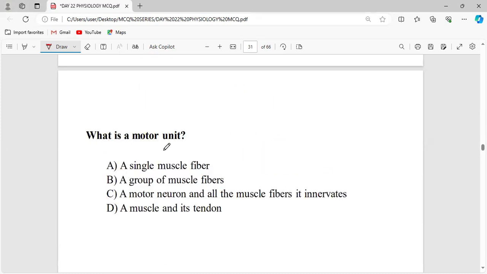What is a motor unit? A single muscle fiber, a group of muscle fibers, a motor neuron and all the muscle fibers it innervates, or a muscle and its tendon. What is meant by motor unit? We are calling actin and myosin motor proteins. And what exactly is the motor unit?